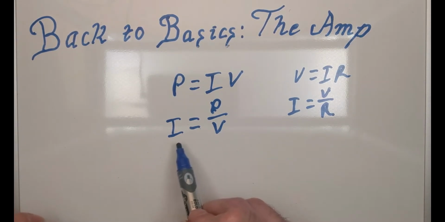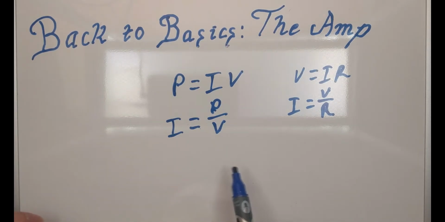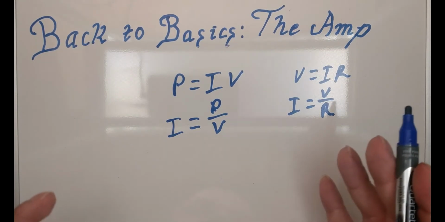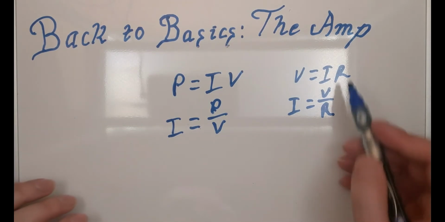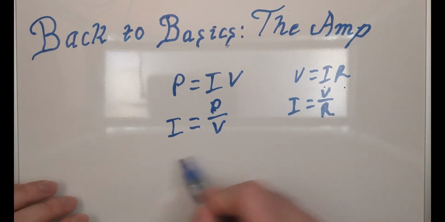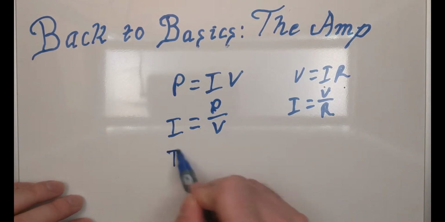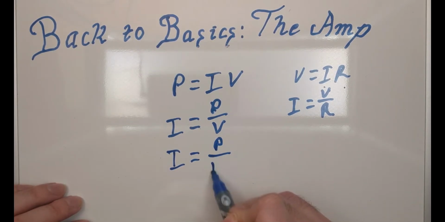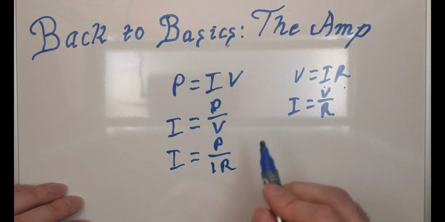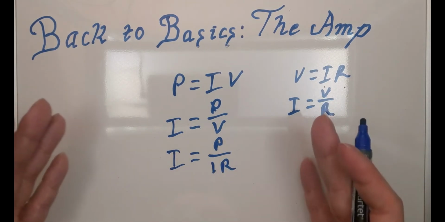So let's say we have wattage and we have resistance, but we don't have voltage as a known variable. Well, we can take V equals IR and go I equals P over IR, and then solve that way.